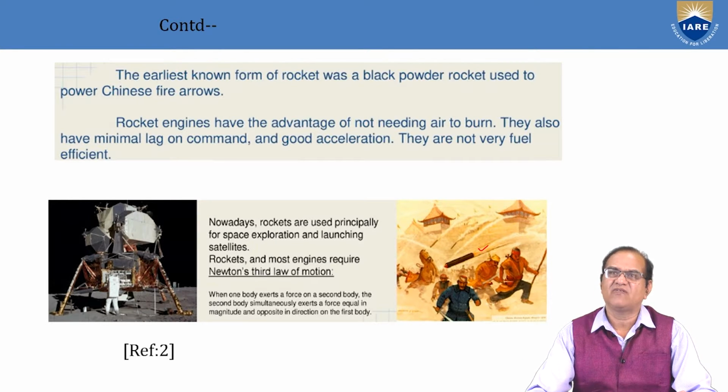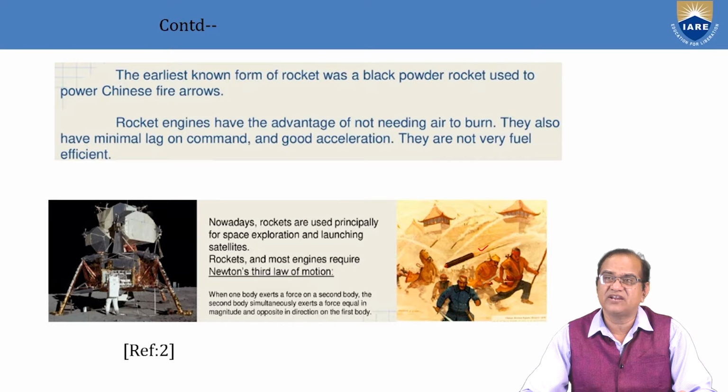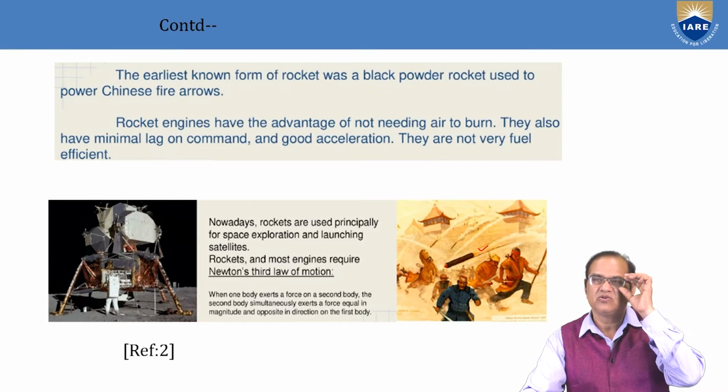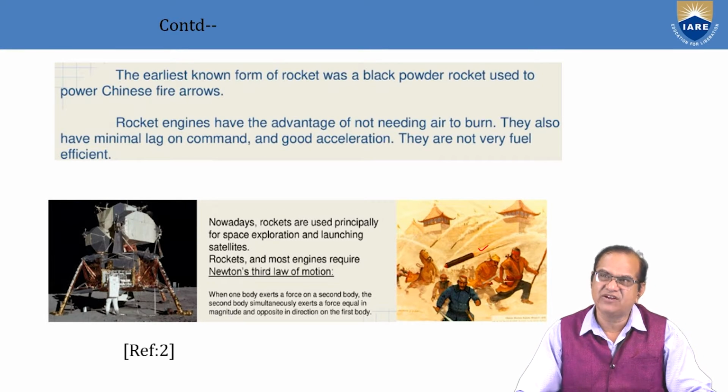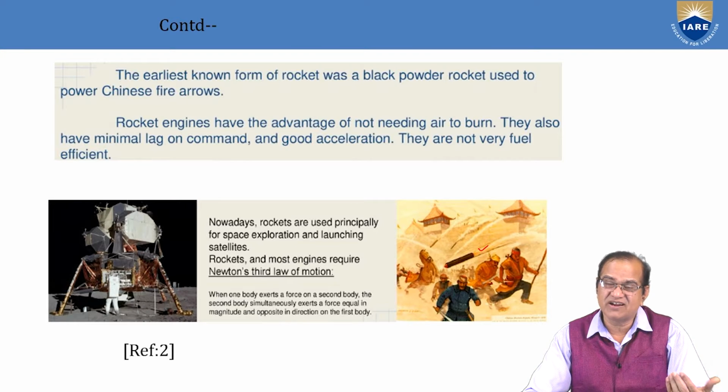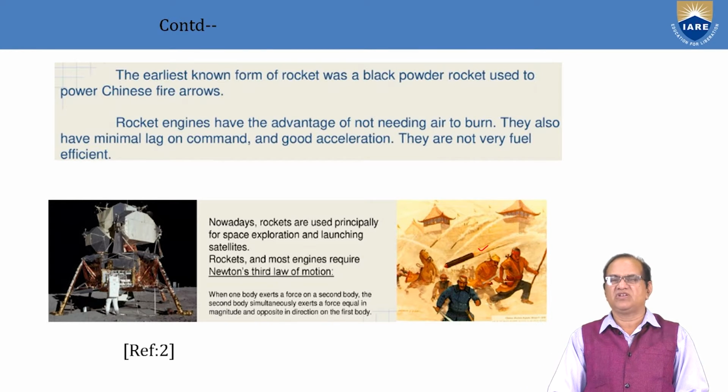Rocket engines have the advantage of not needing air to burn. So in the rockets, we don't need air to burn because oxygen is contained inside. They also have a minimum lag on command and good acceleration. They are not very fuel efficient.